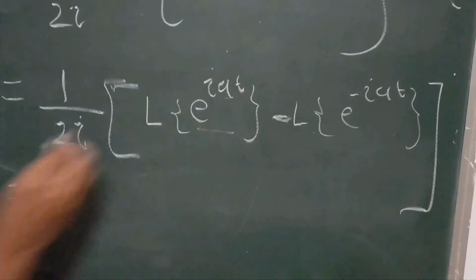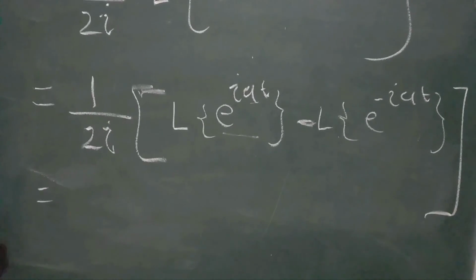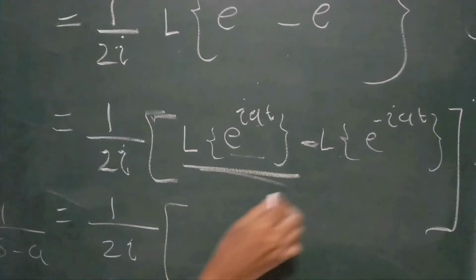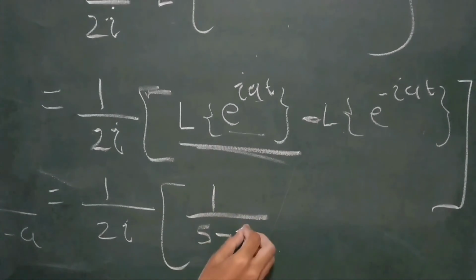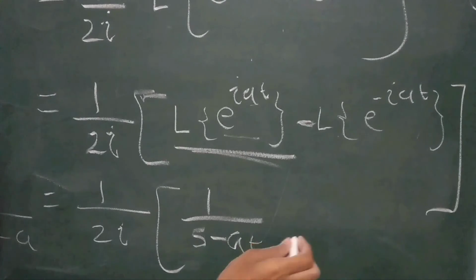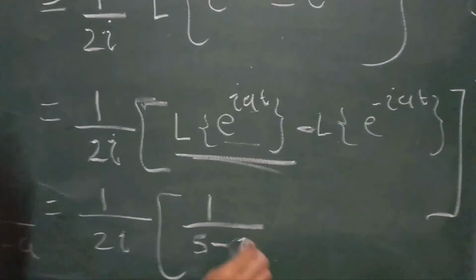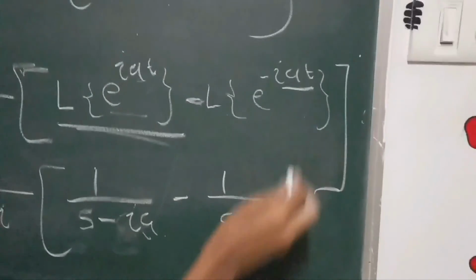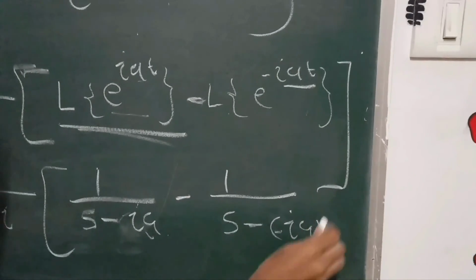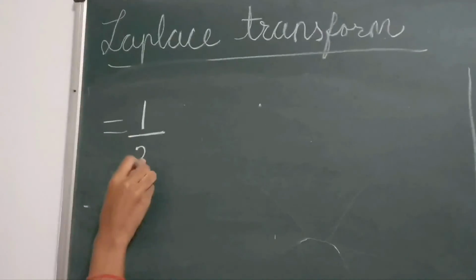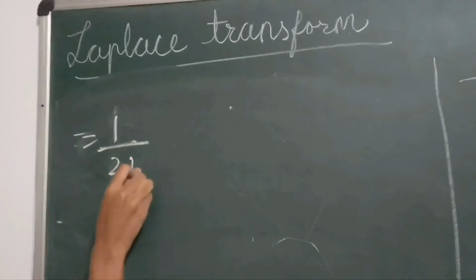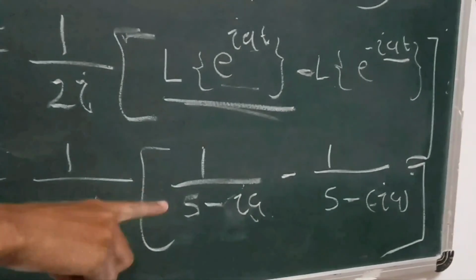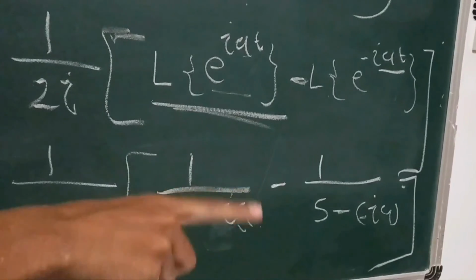We know that L of e raised to at is equal to 1 upon s minus a. So 1 upon 2i, L of e raised to i at is 1 upon s minus ia, minus 1 upon s minus minus ia, and minus minus is plus.